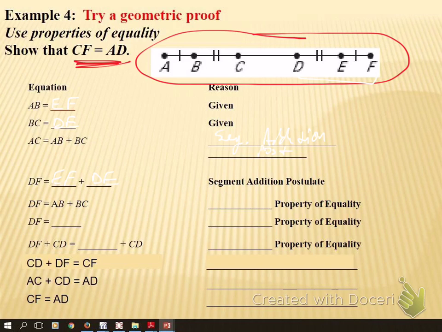Here's what I mean about using the statements from before. How do we get from this guy to this guy? Well, we've replaced EF with AB and DE with BC. And these two statements say that that's okay. Since AB and EF are equal, I can put an AB in anywhere I see EF. And the same for BC and DE. Why? Well, we just saw that property. It was the substitution property.